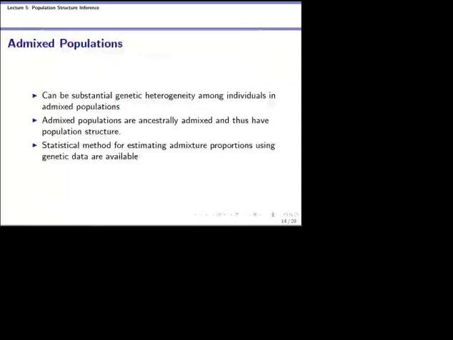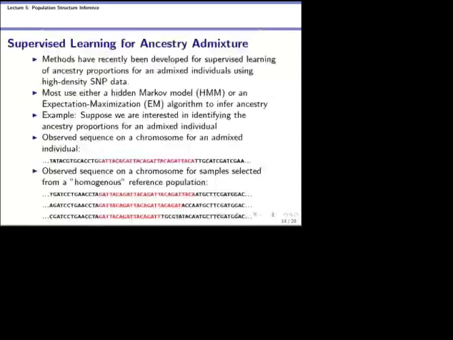There are some methods out there to infer ancestry, supervised learning methods. Most methods use something like a hidden Markov model or expectation maximization algorithm to infer ancestry. If you don't know what that is, don't worry about it.